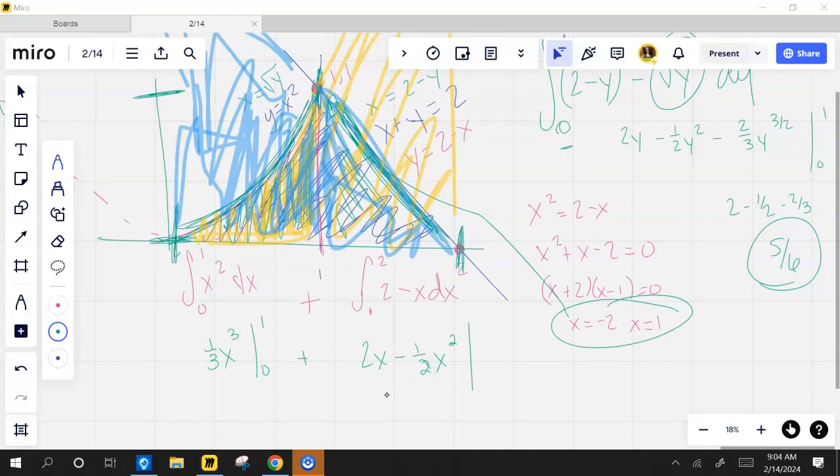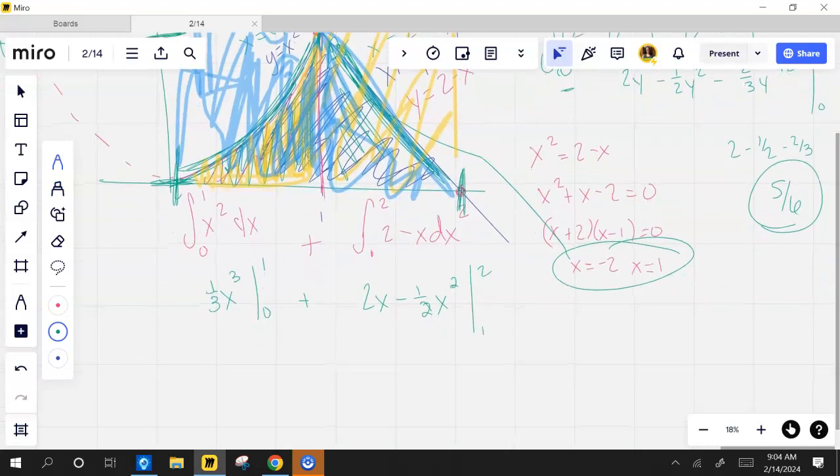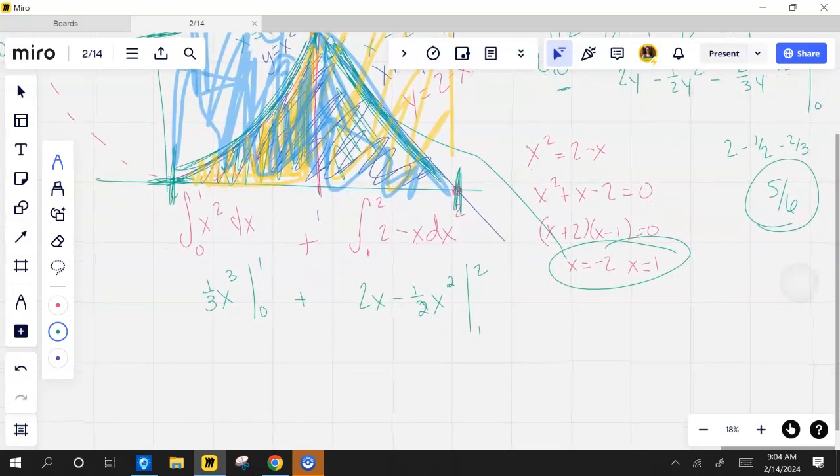Yeah, I went ahead and did the top and bottom, and I should get the same thing. I haven't shown you how, well, I guess I can.